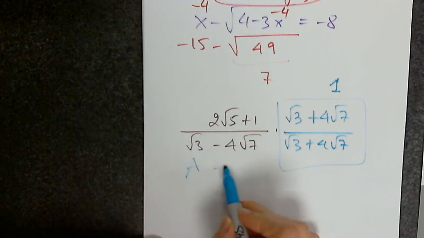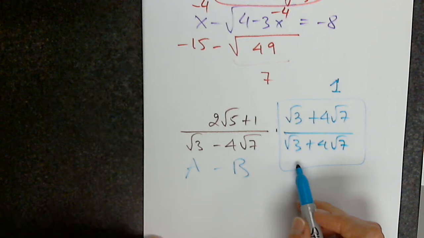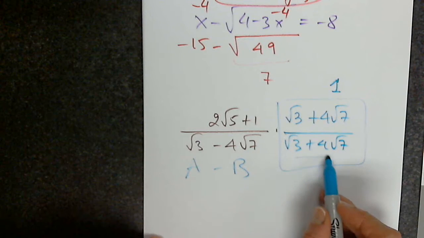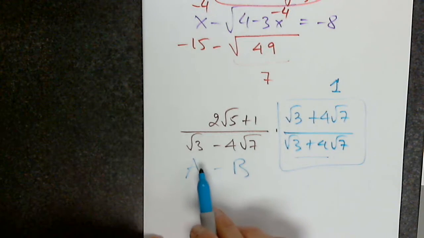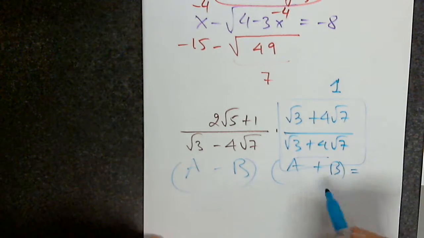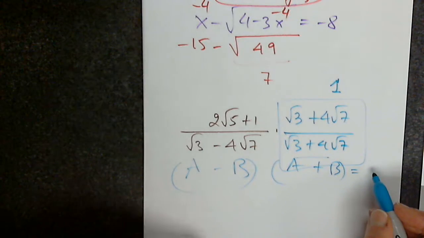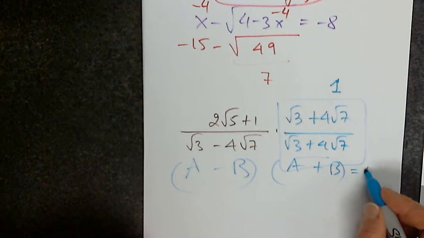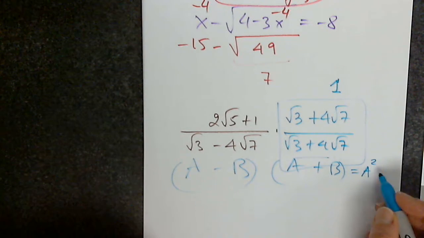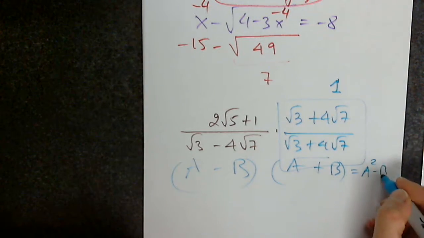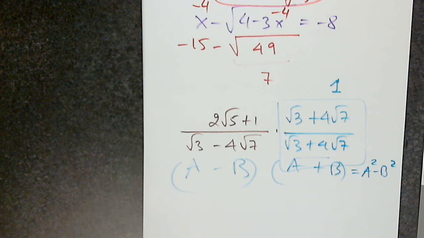This is the formula a minus b times a plus b, which when we multiply them will give us a squared minus b squared. It cannot be plus because the sum is not factorable.